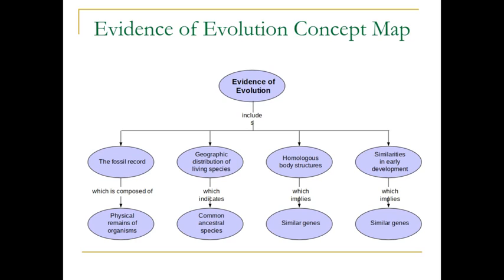But back in the 1800s and early 1900s, we didn't understand what genes are and what DNA codes for in our bodies. We also have similarities in early development, the ontogeny and developmental stages that we go through, again reflecting the influence of genes in our body structures.